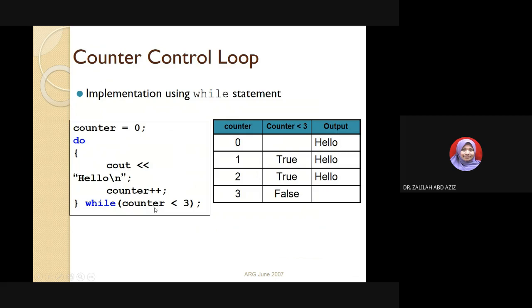Okay, dia akan check, adakah 2 less than 3? Yes, true. So dia pusing balik, tulis hello sini. Okay, now counter +1 is 3. Adakah 3 less than 3? No, it's not true. False. So terus berhentilah. So result dia adalah hello, hello, hello 3 times. Okay, so this is an example for do while statement.